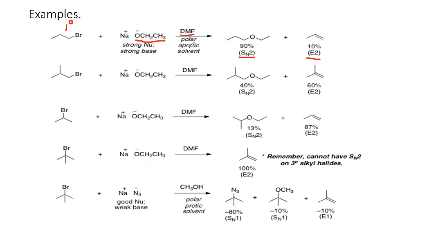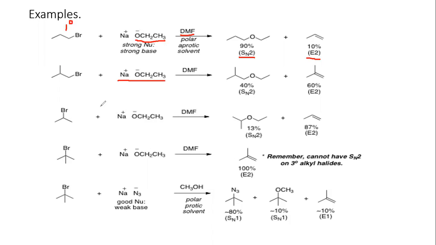But now if we change the alkyl halide to a secondary alkyl halide, and we use the same reactant ethoxide, which again is a strong nucleophile, strong base, you see that we get, again, a mixture of products. And I apologize, this is not a secondary alkyl halide.